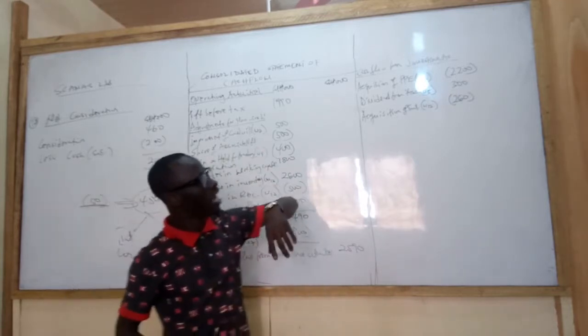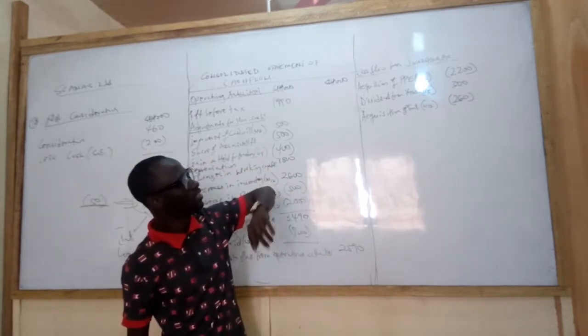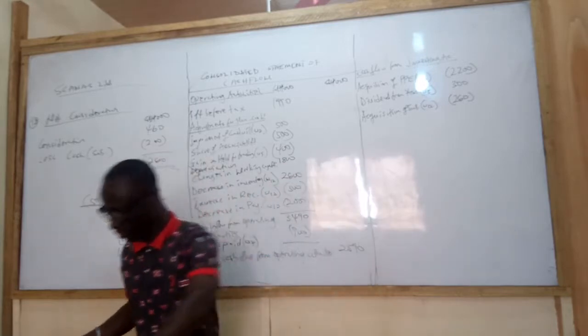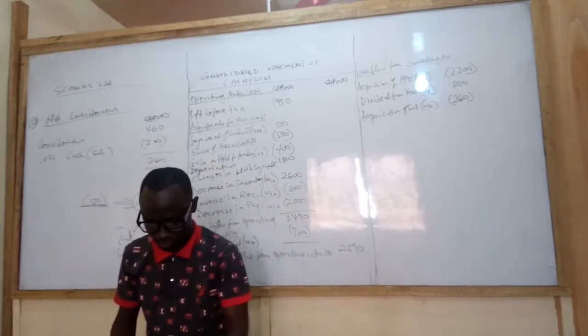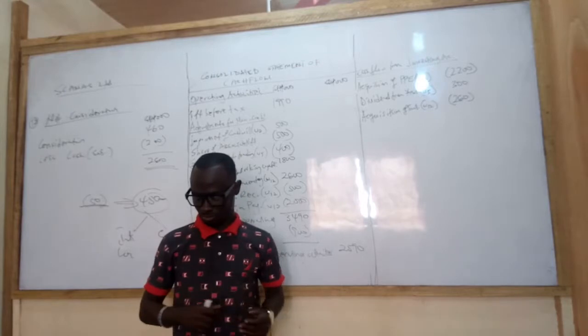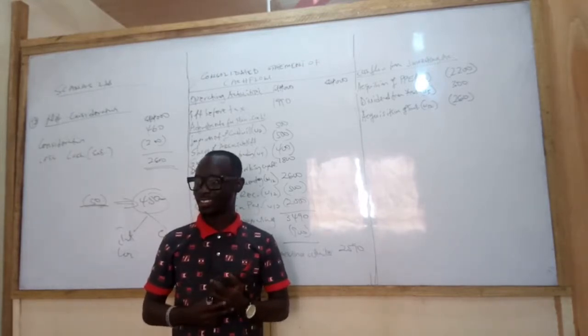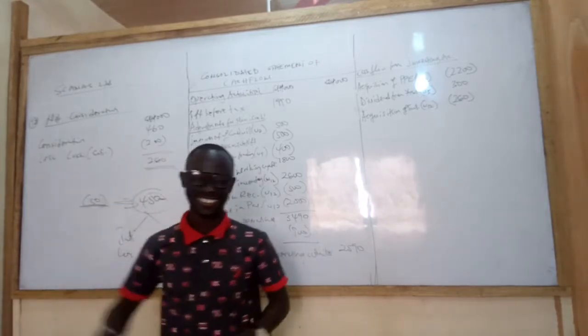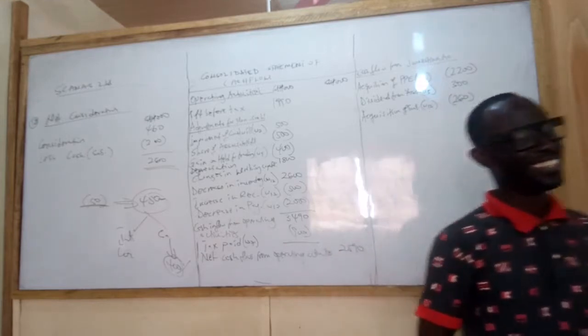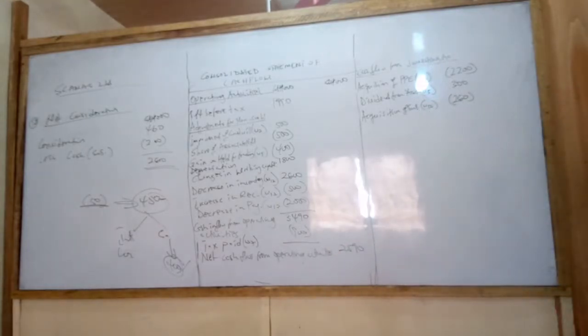So what else? Is that all about the acquisitions? You sure about that? Any other thing? So why are we not taking the 90% of the subsidiary assets?